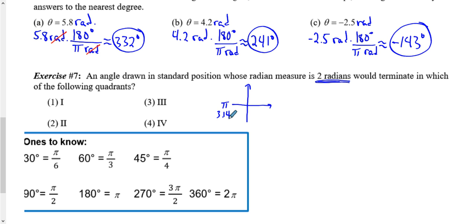All right. Well, anyway, go ahead and do the conversion. 2 radians times 180 divided by pi radians, and what do we get? How many degrees? Times 2 divided by pi.